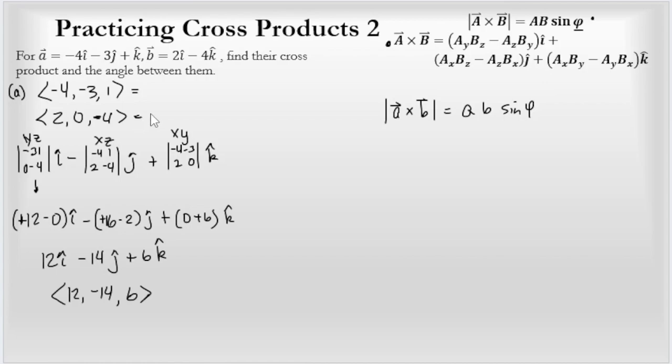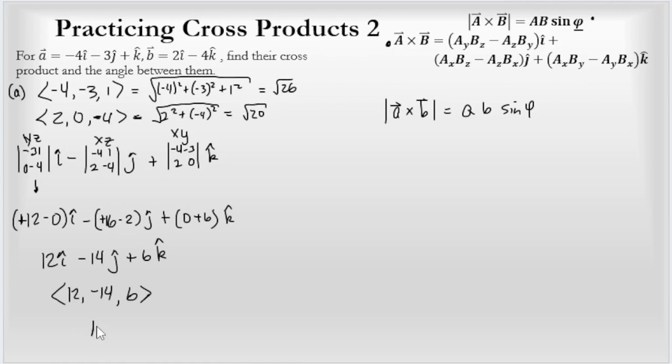So again, to find the magnitude of a vector, I'm just going to use Pythagorean theorem, negative 4 squared plus negative 3 squared plus 1 squared, square root it. Everybody okay with that? So I get 16 plus 9 plus 1 under the square radical, and so I get a square root of 26. This one I get 2 squared plus negative 4 squared, square root. So 4 plus 16, that's the square root of 20.